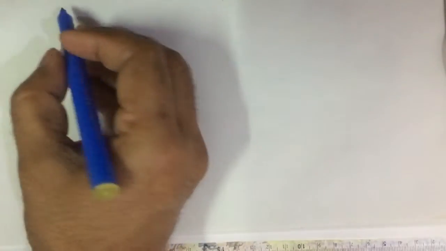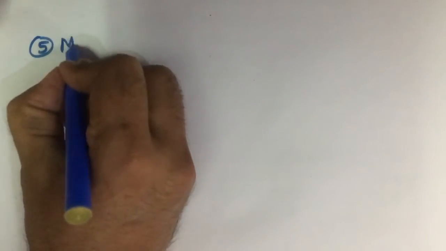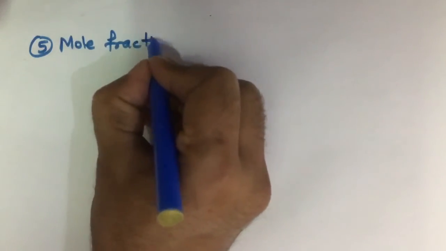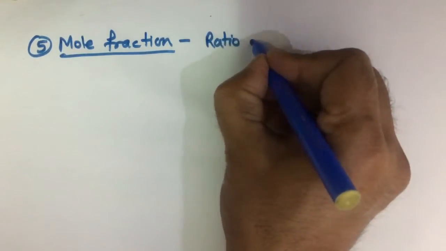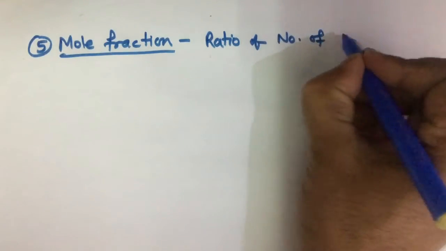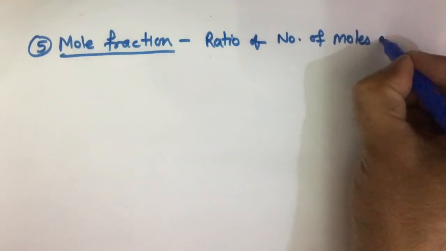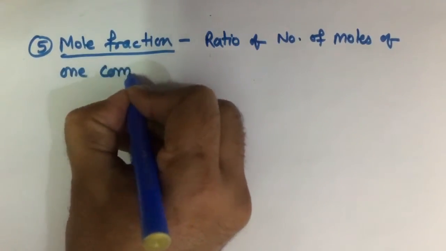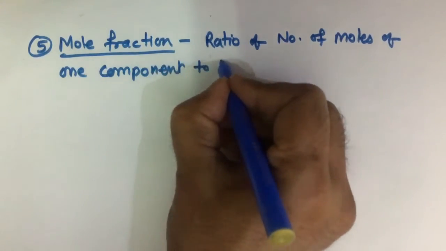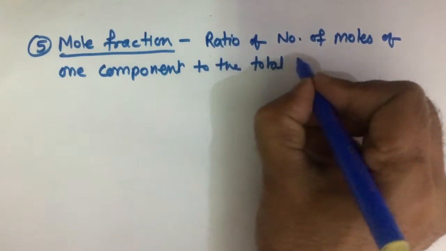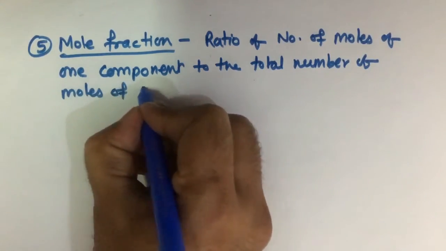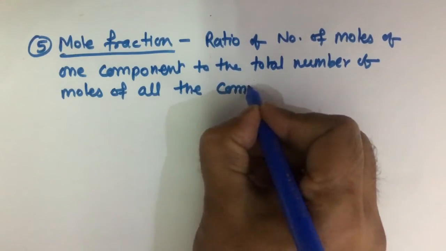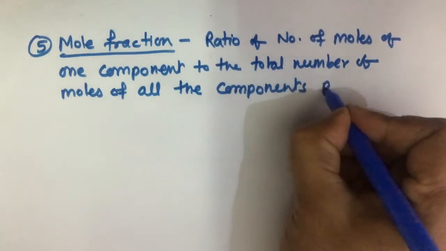Fifth type is mole fraction. Mole fraction is the ratio of number of moles of one component to the total number of moles of all the components present in the solution.